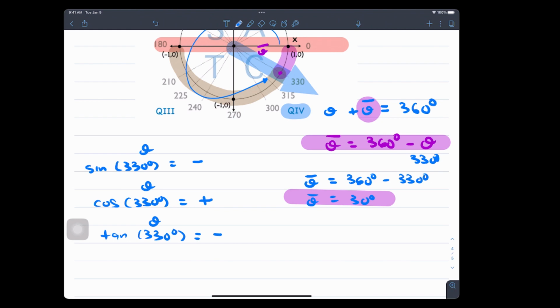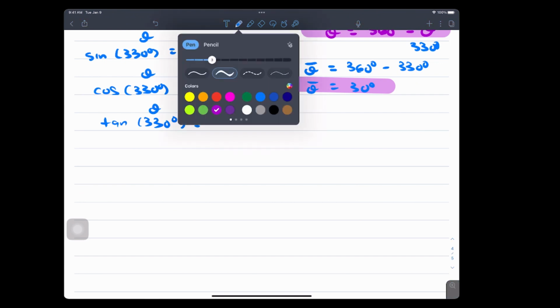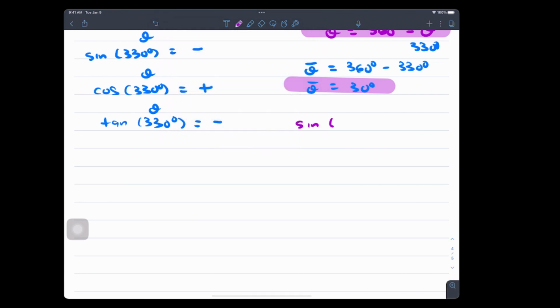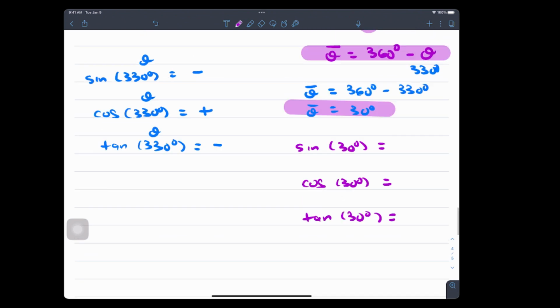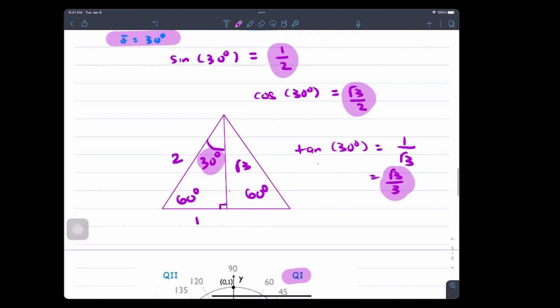All students take calculus. Now, go back again, and you said, okay, does that mean I have to find sine 30? Yes. I got to find what? Cosine 30. And I also have to find what? Tangent 30. Don't you already have it? Is that true?